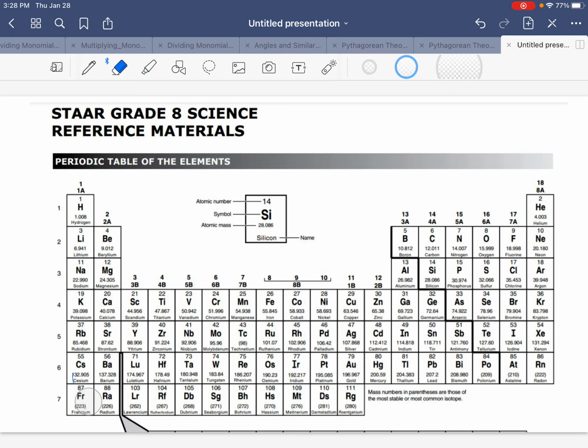So we'll get into more of that in just a second. Not only do they have the same number of valence electrons, they also have a similar reactivity. So all of the elements in this group will react similar as all of the other elements in that group.